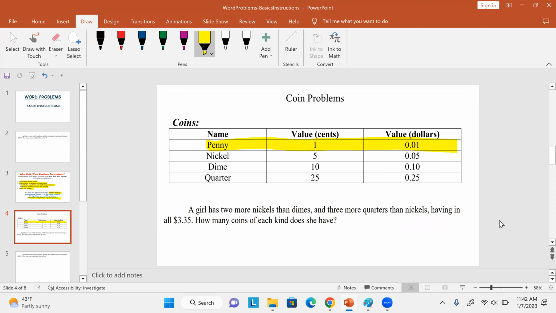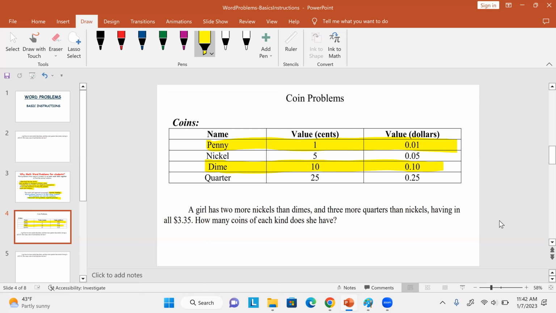A nickel is 5 cents, which is $0.05. A dime is 10 cents, $0.10. And a quarter is 25 cents, which is $0.25.